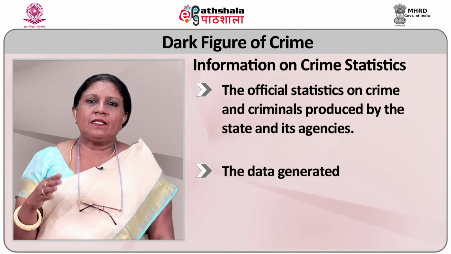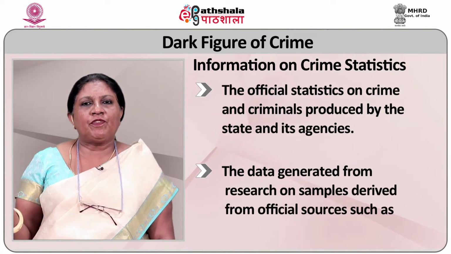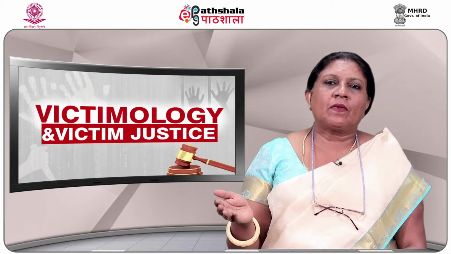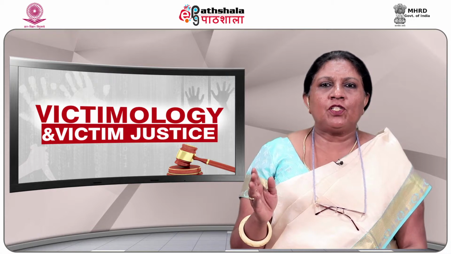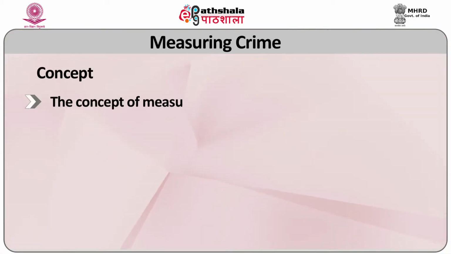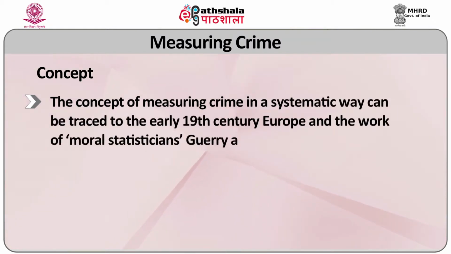Second is the data generated from research on samples derived from official sources such as courts and prison. These compare the visible data to be the tip of the iceberg. So the concept of measuring crime in a systematic way can be traced to the early 19th century Europe and to the work of moral statisticians Guerry and Quetelet.